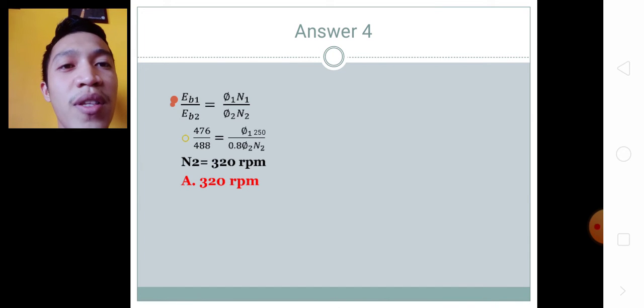That's equals to N2 is equals to 488 times 250 over 0.8 times 476. We should get an rpm of 320.